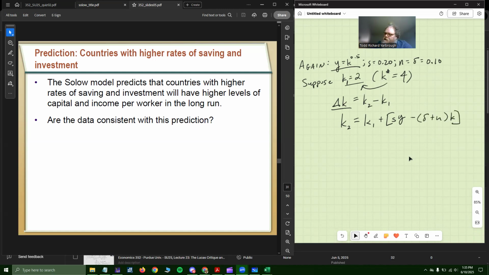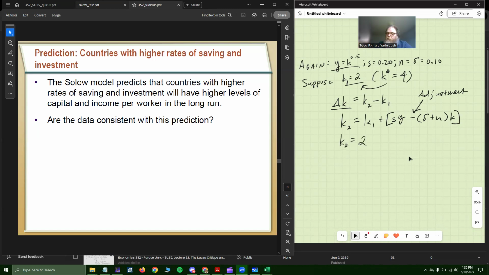So I like to think about this as the adjustment mechanism, right? This is the extent to which the economy is adjusting as it is moving towards its particular steady state. So we can do some simple plug and chug here, and we can see that in time period 2, we're going to start with the existing capital stock, which again we've set as 2.